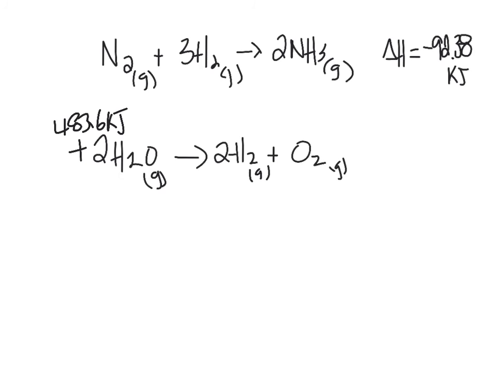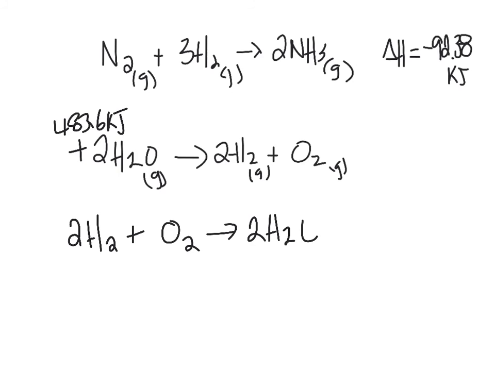You can change this to 2H2 plus O2 goes to 2H2O. What do you think you're gonna have to do for your delta H? Times it by 2. So your delta H for this one would be minus 483.6. Yep.